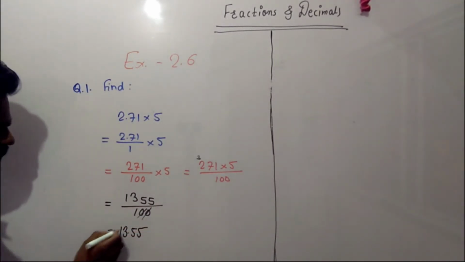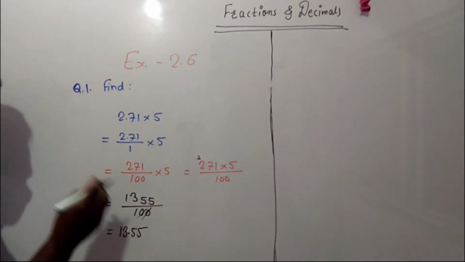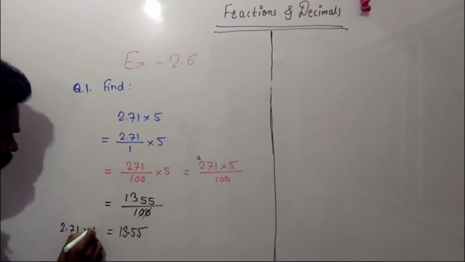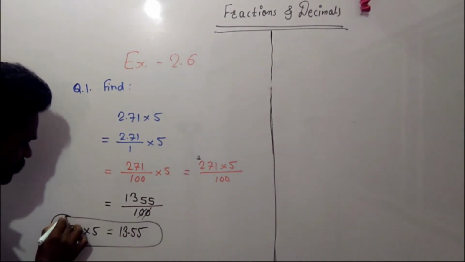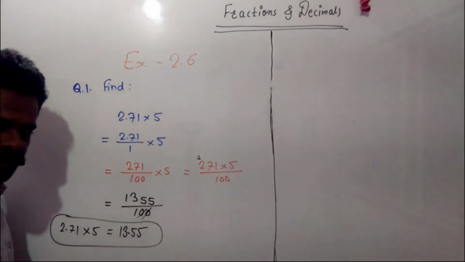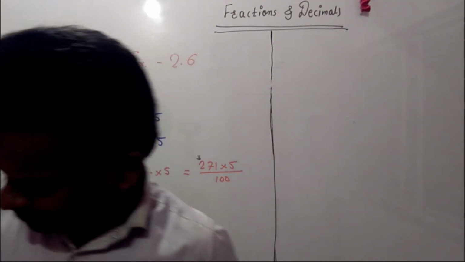Now I think there is no need to tell how this 13.55 came, because so many times I have told you. So 2.71 into 5, the answer will be 13.55. Okay, no problem. Then next one.